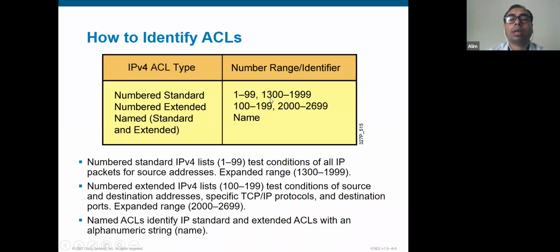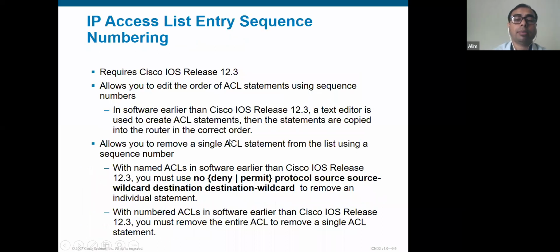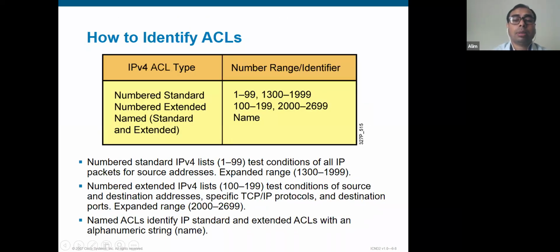And then 1300 to 1999. And extended numbers are 100 to 199, then 2000 to 2699. Or a named ACL, which has some name. We will do some lab, then you will be clearer.